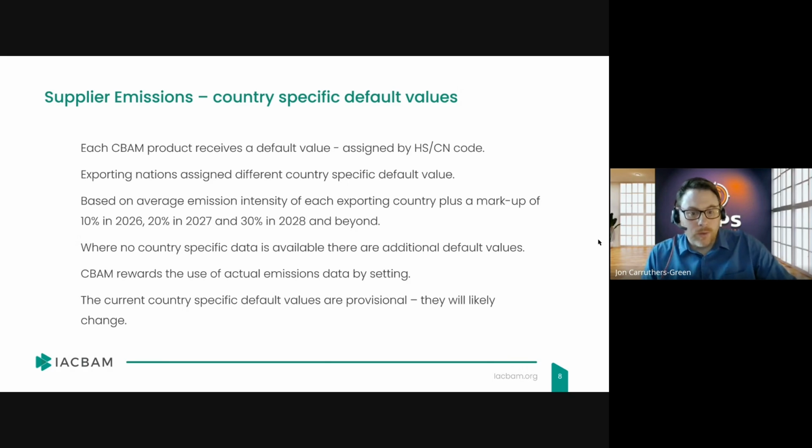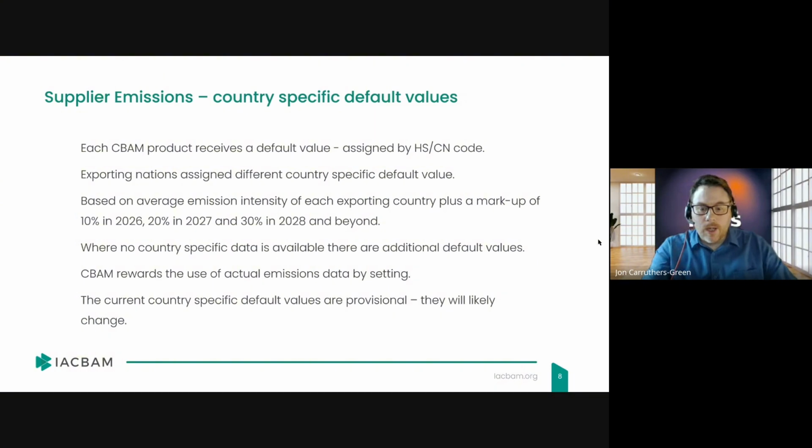Within this document, though, what we've seen is that stamped on every page is some watermark text saying that these values are provisional. So I fully expect these to be revised as we go further through the CBAM scheme. There are certain countries in there who have quite questionable numbers, and I'll come on to some of those examples a little later. And I can certainly see that those ones in particular are likely to change.